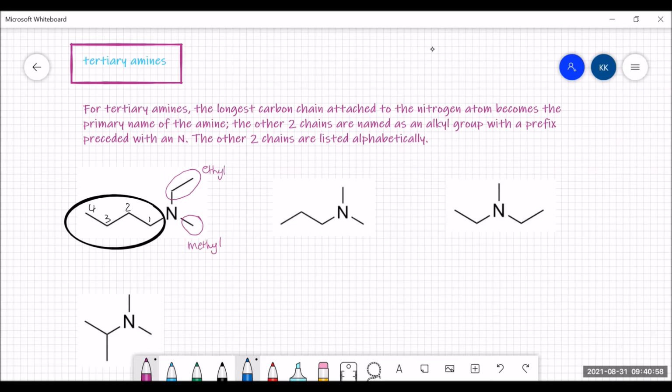So in alphabetical order, ethyl comes before methyl. So this is N-ethyl, then N-methyl, and butan-1-amine.